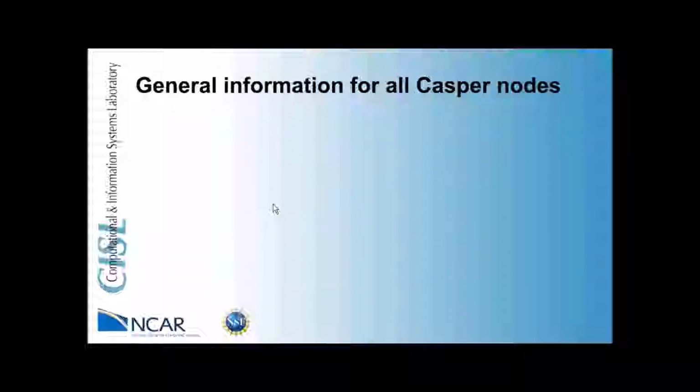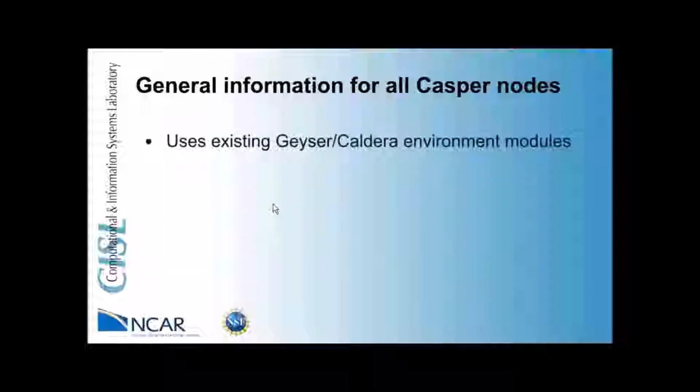Before I do that, though, just to give some general information for all of these Casper nodes, regardless of the flavor, they all use the existing Geyser Caldera environment modules. So when we compiled the different software that we offer using module avail, all of that looks exactly the same across the different data analysis nodes. That's enabled because, as we talked about right before starting the presentation, they all run the same version of the CentOS operating system.